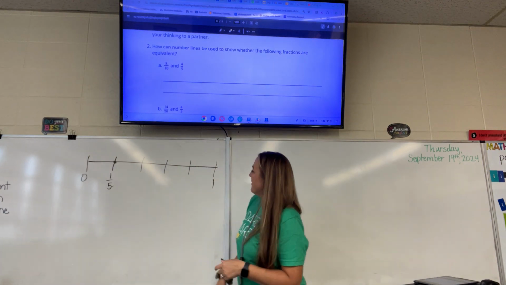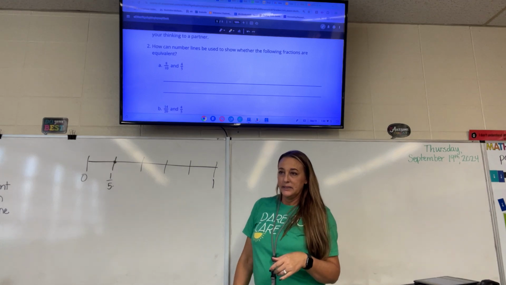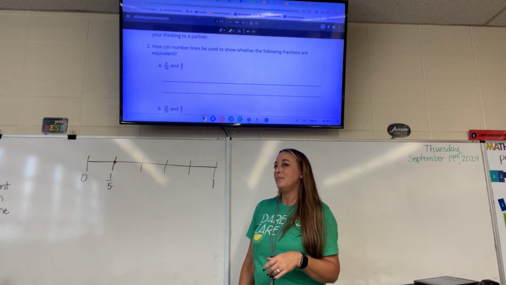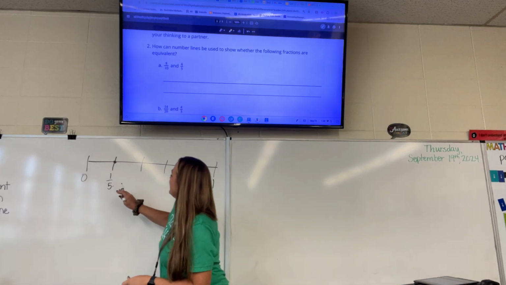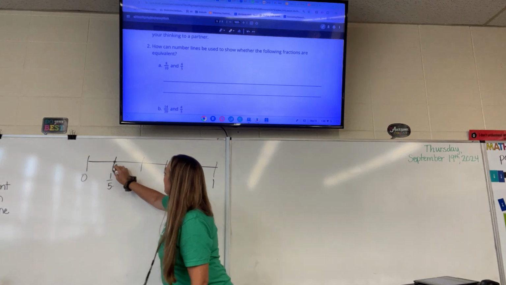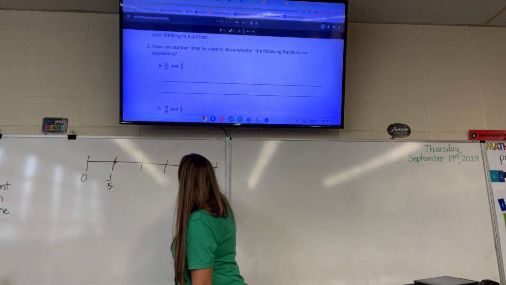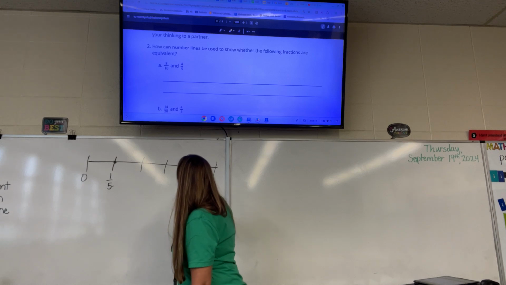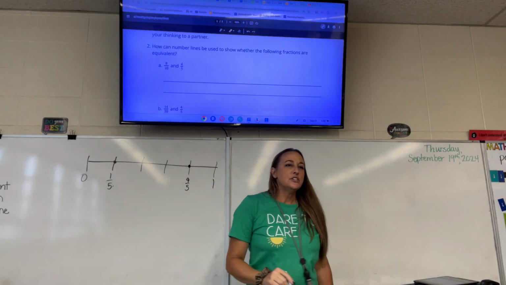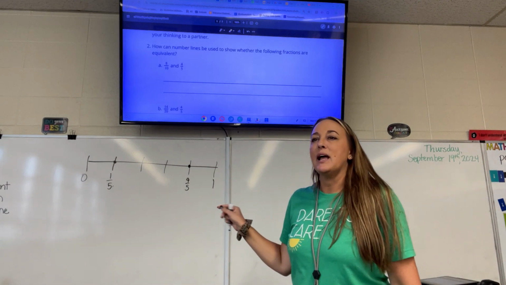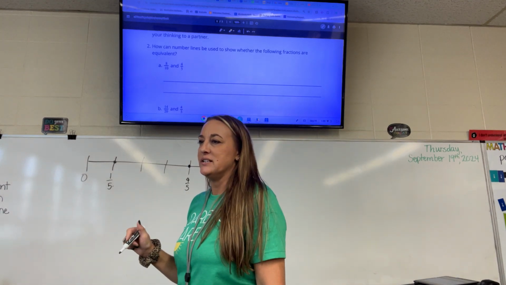I'm going to use my fancy number line up here because it's beautiful. Admit it. Okay, so if I find 4/5, 1/5, 2/5, 3/5, 4/5 is right here, right? And what do I need to do to make this number line show 10 sections instead of just 5?